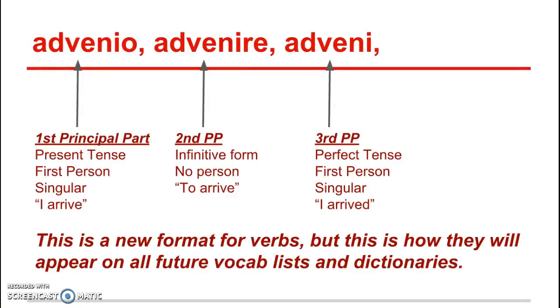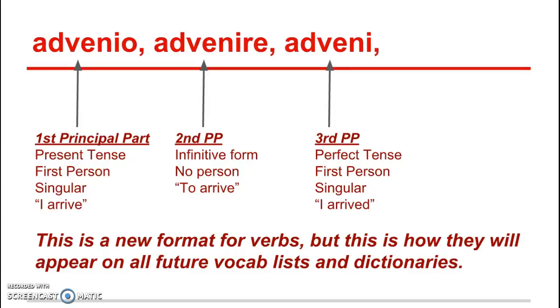This is just a copy of the slide at the beginning of our last vocab. Now, instead of just having the two parts, just having the present form and the perfect form, you are now given the infinitive form as well. You need all of these things in order to know how to fully conjugate a verb on your own. Something we haven't fully discussed yet, but we will in the future.